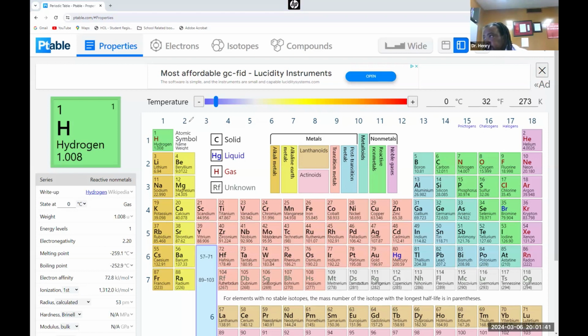Okay, so this here, that's going to be our S. This here, that's going to be our P. And this helium is really going to be over here next to the hydrogen for this purpose.